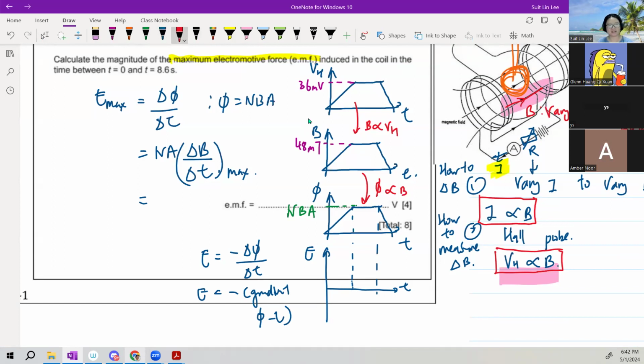So let's say the magnetic flux increases, I don't want it to increase, so I will decrease in the opposite direction here. Okay. And then when the magnetic flux doesn't change, and how do I know the magnetic flux doesn't change? Because the magnetic field did not change. How do I know the magnetic field didn't change? Because the Hall voltage didn't change. So here will be 0, no? And this will be double. Not double, it will be bigger. I don't know, need to calculate. Okay, so this is the actual EMF, the induced EMF.